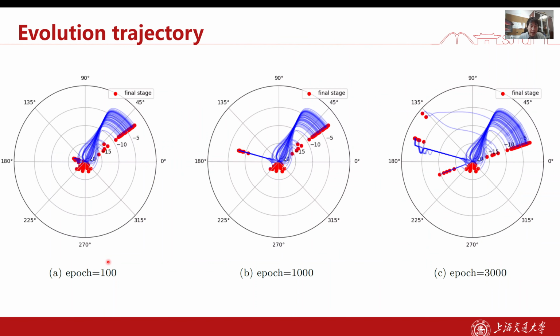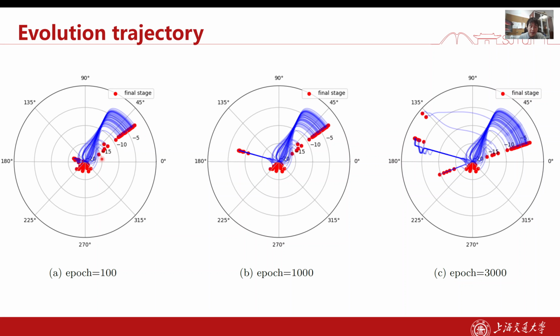At epoch 100, many neurons still stay at their initial point. But some neurons have very significant deviation from the initialization. Similarly, each point indicates one neuron, its x value is the weight W, and its y value is the bias B. We can see that those neurons with large deviations have some similarity.